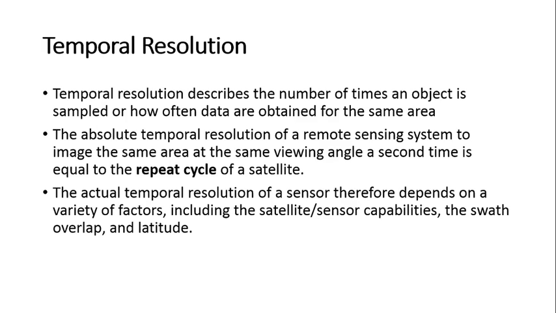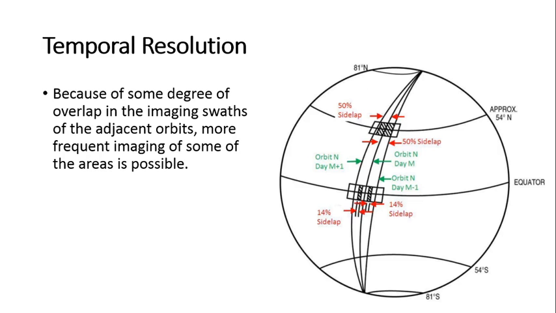As I've already mentioned, it depends on the capability of the satellite, the capability of the sensor, the swath overlap of the sensor, and the latitude or location. Because some degree of overlap in the imaging swath of adjacent orbits is possible, more frequent imaging of some areas is possible.